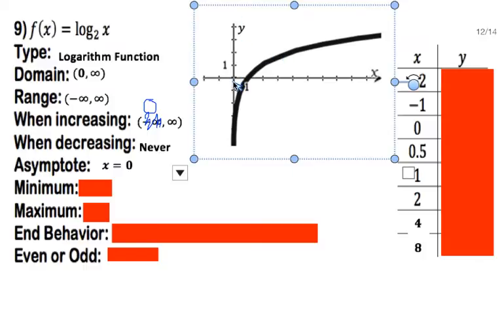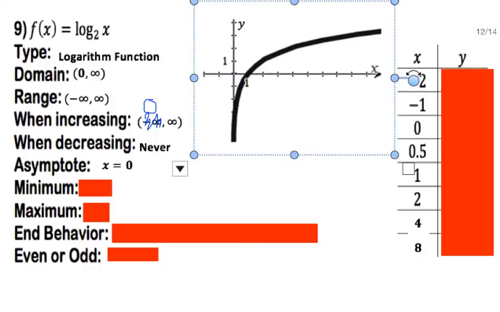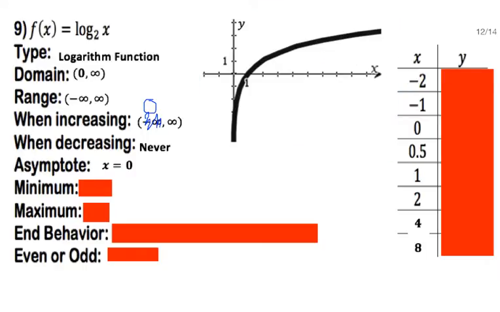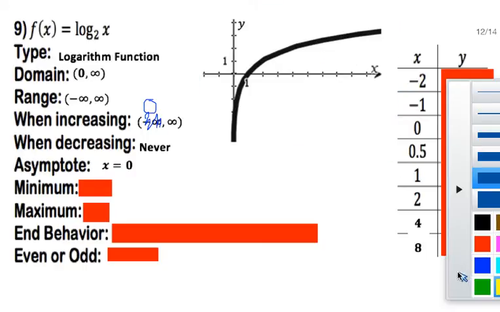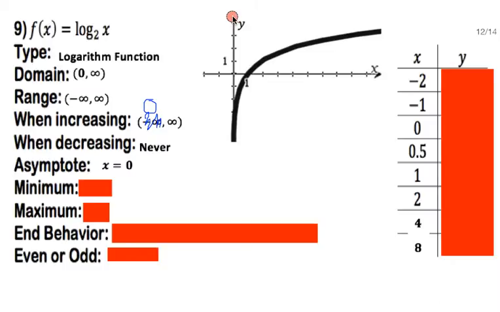So this point here, let me do that this way. Okay, this line here is your asymptote, so it's not going to cross the y-axis, and that value is x equals 0. And then again, with most of the parent functions, you don't end up with minimum and maximum points.